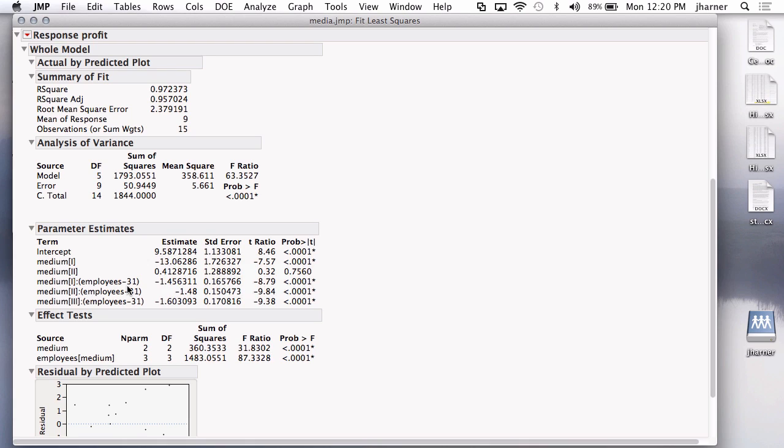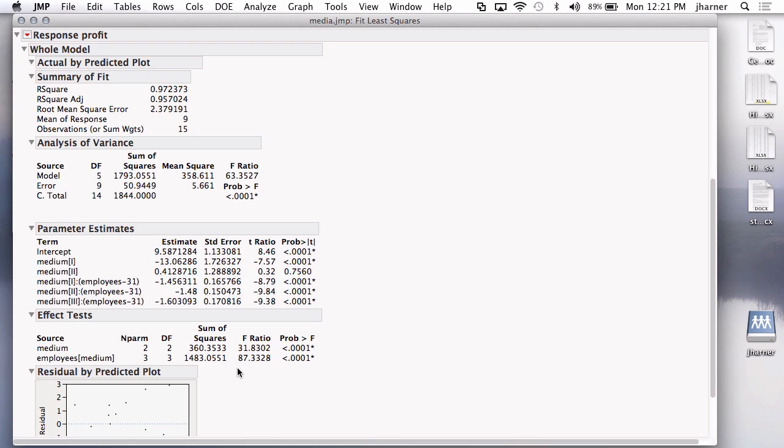You can see that the slopes are identically the same. It's just that the intercept term and the alphas are different, and that's because they've centered the data at 31. So they've subtracted 31 from each employee, so the values for the employees are deviations about the grand mean. But this model is the same as what we did, except that they made that adjustment.